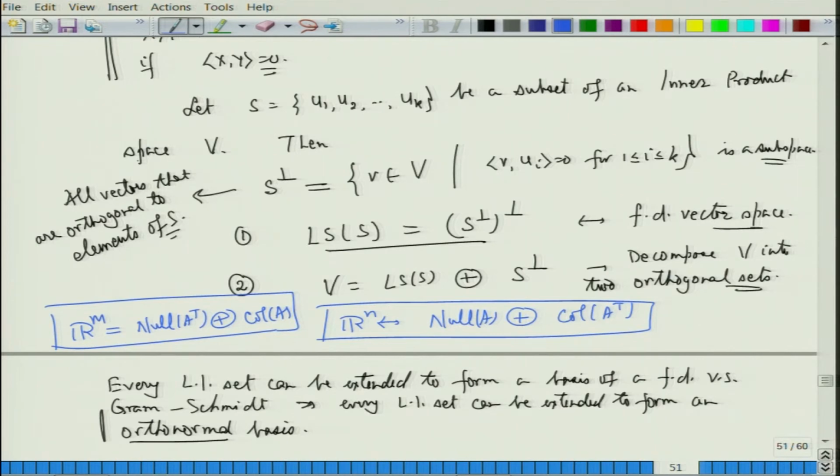All right, the generalization had been done because of this Gram-Schmidt process. So, let us go to that part and see what exactly we learnt in the Gram-Schmidt process, fine.